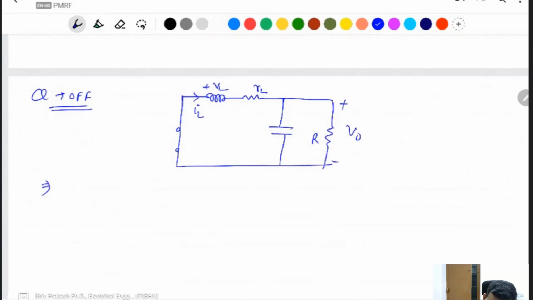Write the KVL in this equation. By KVL starting from here, VL plus I L into RL plus V naught is equal to 0, and what is the inductor voltage? VL is minus V naught minus I L into RL.